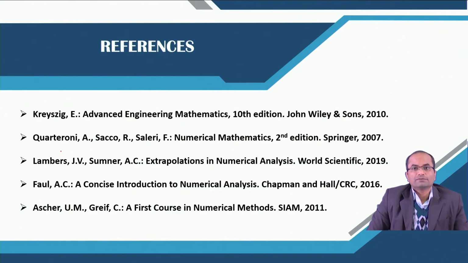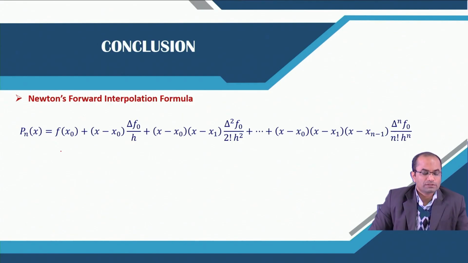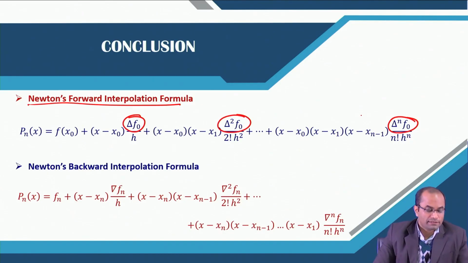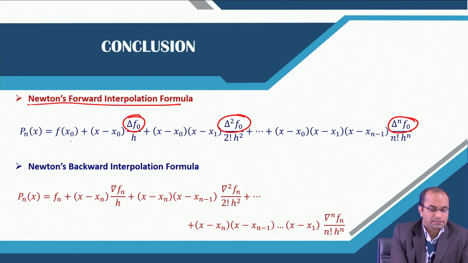These are the references we have used for preparing the lecture. So, just to conclude, in this lecture we have discussed Newton's forward difference formula, which uses these forward differences delta f naught, delta 2 f naught, delta n f naught, and we have also discussed Newton's backward difference formula, the difference mainly being that instead of this x naught we go from the backward direction.